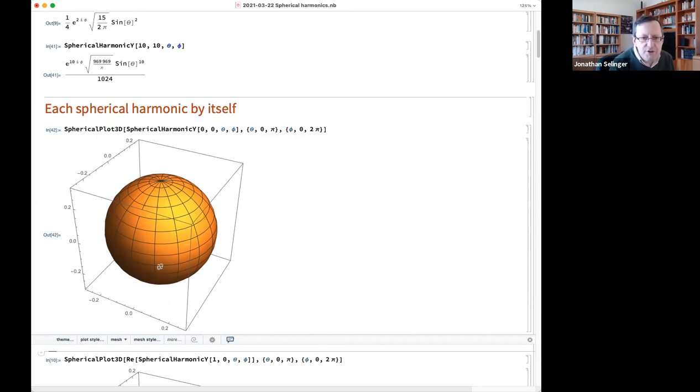Okay, so it's drawing a sphere, and the radius of this sphere is 1 over the square root of 4 pi.